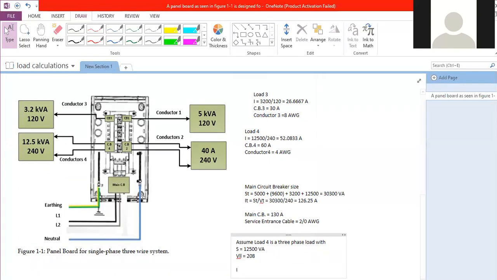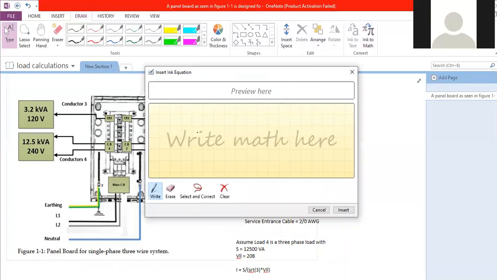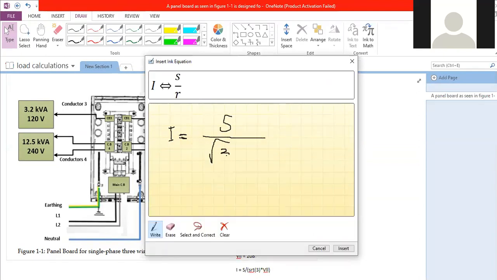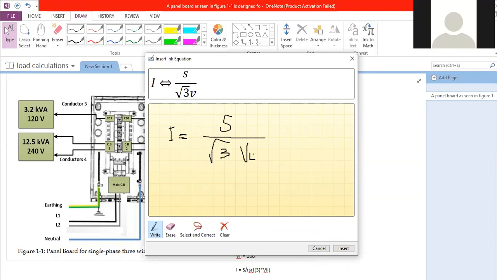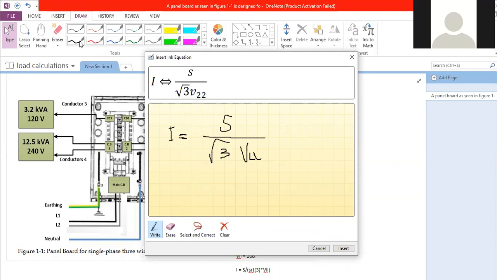So the current I will be equal to what? The current equals S divided by square root of 3 times V line-to-line, right? Let me write it for you. The current I equals S total, because it is 3 phase, divided by square root of 3 times V line-to-line.